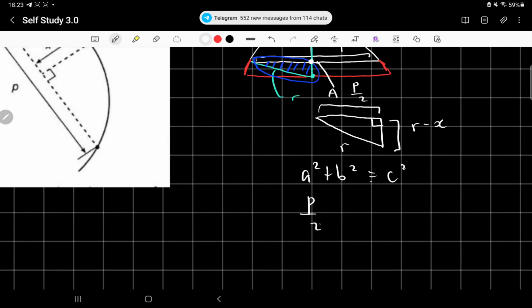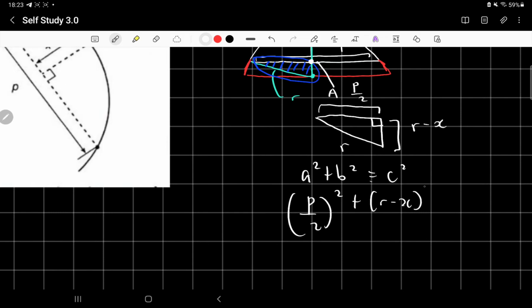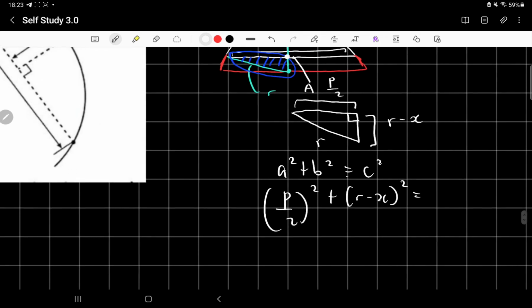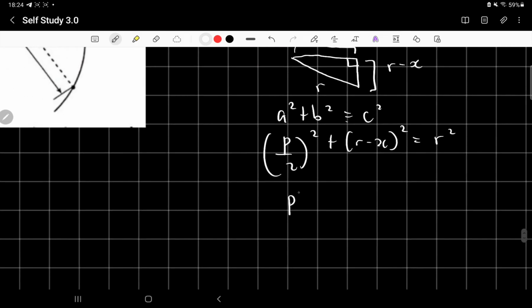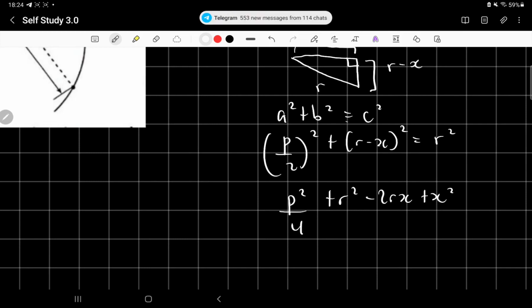So p over 2 squared plus (r minus x) squared is equal to our longest side, r squared. All we have to do is expand the brackets. Therefore, we get p squared over 4 plus r squared minus 2rx plus x squared is equal to r squared.